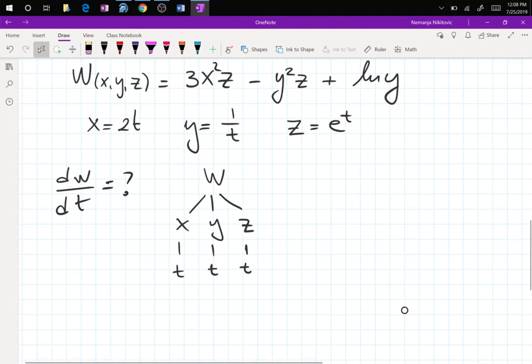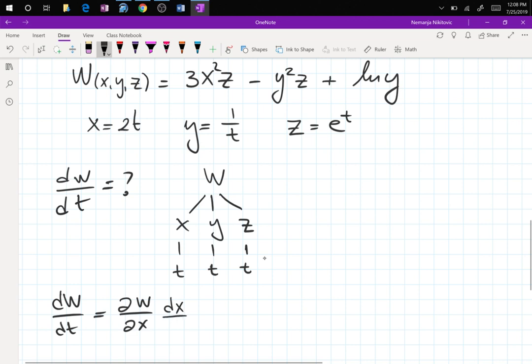So we have our formula dw dt as partial w partial x. Why partial? Because w can go into x, y, or z. Because w has choices to go into any of the three. If you need to go into x, you have to use partial.